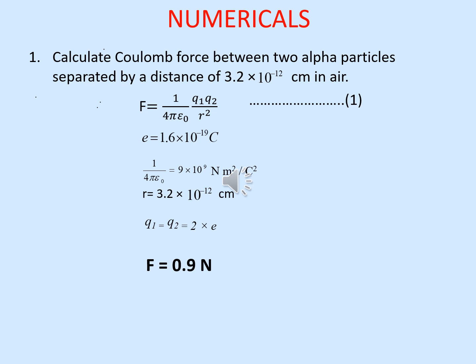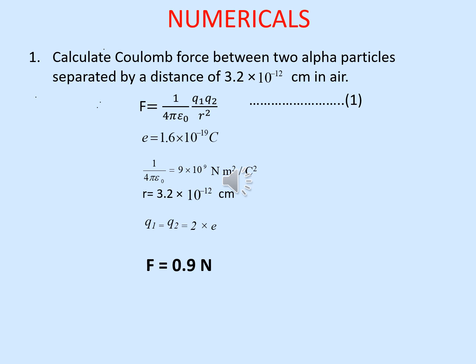After doing the theory part, let us now move to the numericals. Here I have included one numerical based on Coulomb's law. The question is, calculate the Coulomb force between two alpha particles separated by a distance of 3.2 into 10 to the power minus 12 centimeter in air. You have to use the formula for electrostatic force given by Coulomb's law, equation 1, where q1, q2 are the charges of the two particles and r is the distance between them.